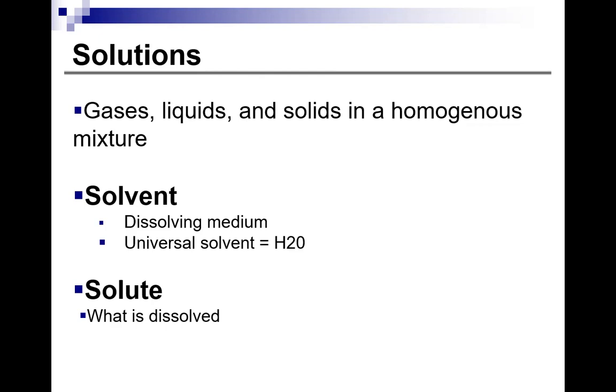So if you had water and then you added sugar, the water would be the solvent, the sugar would be the solute, and the solute plus the solvent equals the solution.